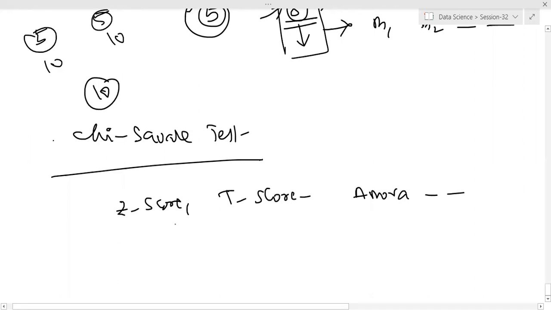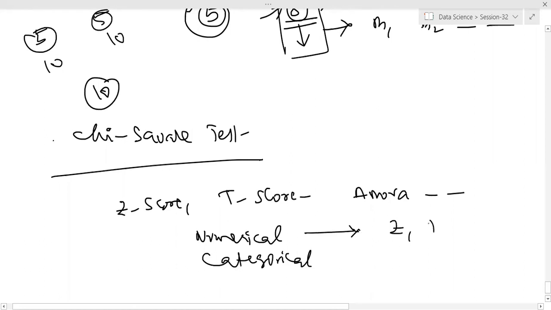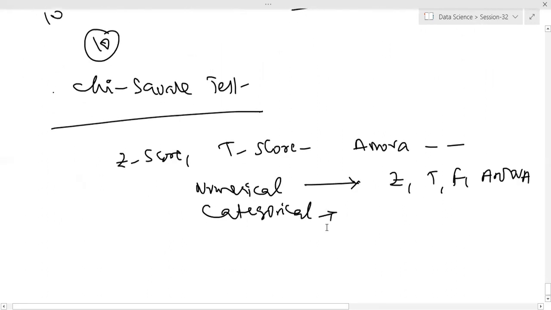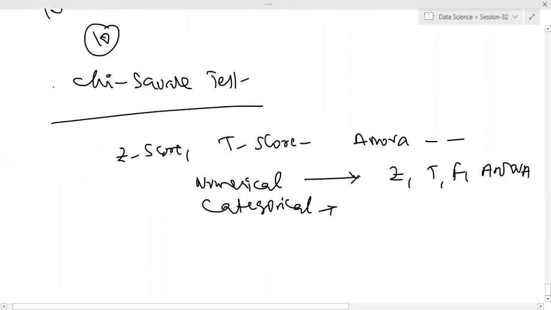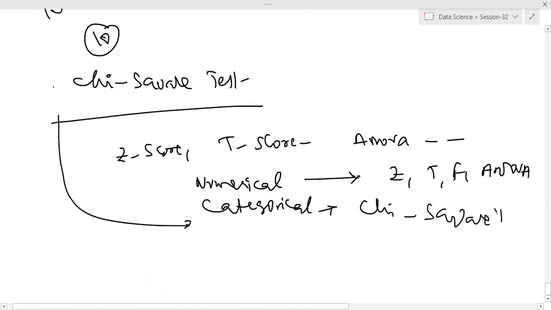Tell me whether we are working with numericals or categorical data. Numericals. Because you are going with the means everywhere. But what happens if my data contains categorical values? Then I cannot apply Z, T, F or ANOVA. In that case, you have to apply the chi-square test.